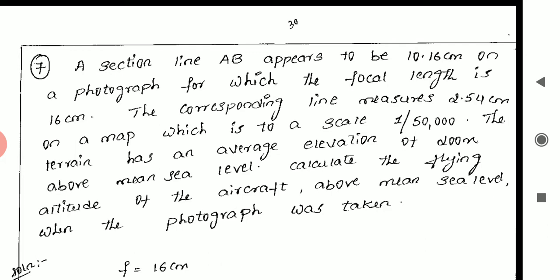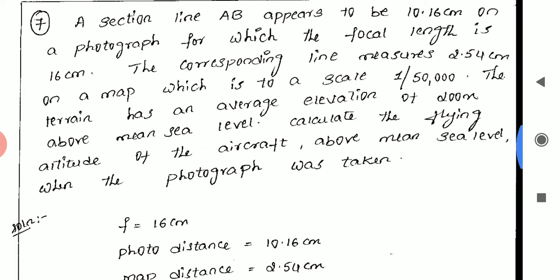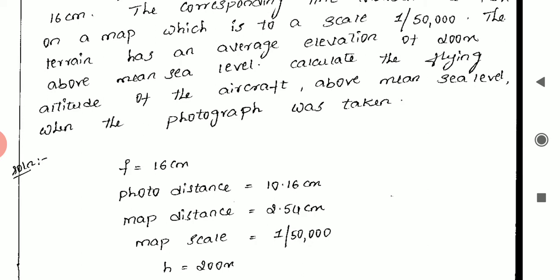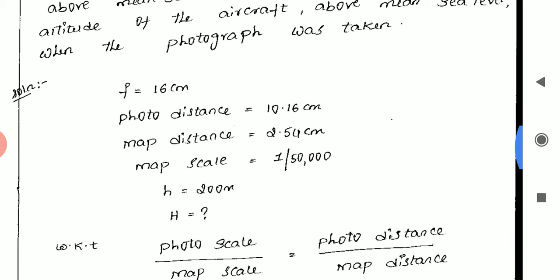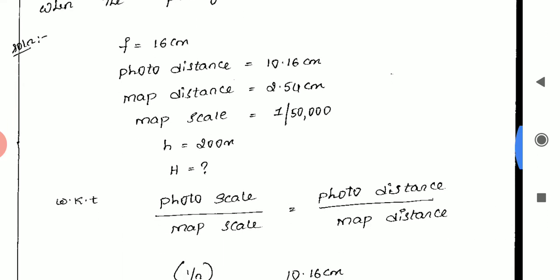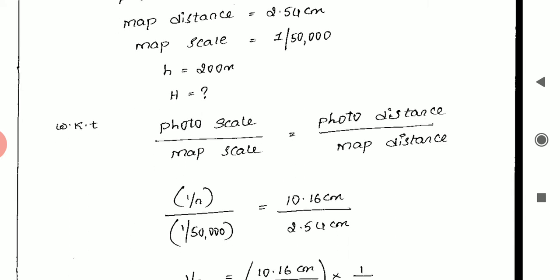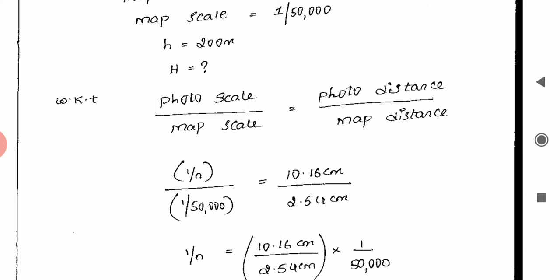Calculate the flying altitude of the aircraft above mean sea level when the photograph was taken. Above mean sea level is nothing but H, the overall height. The data he mentioned already, and by using the formula, PS divided by PM equals DP divided by DM, that is, photo scale divided by map scale equals photo distance divided by map distance.